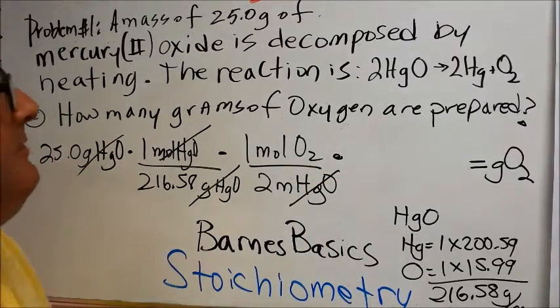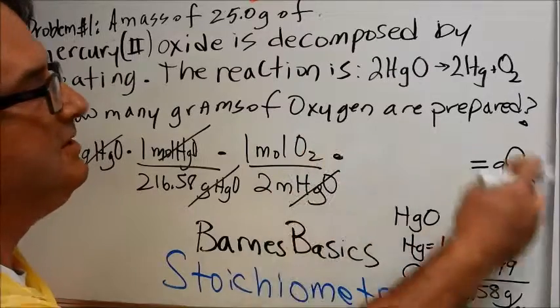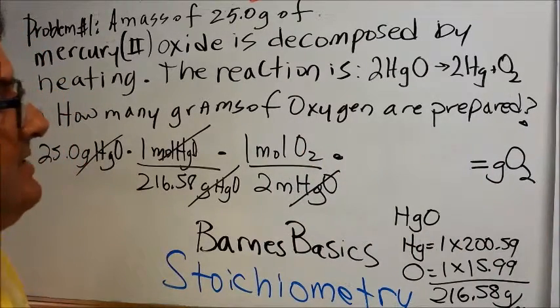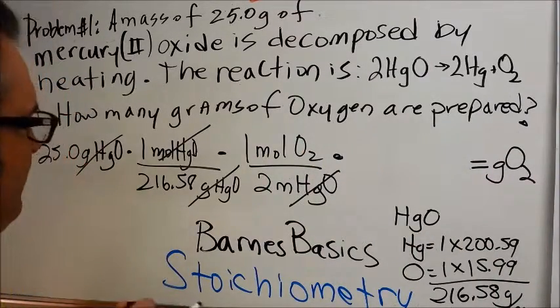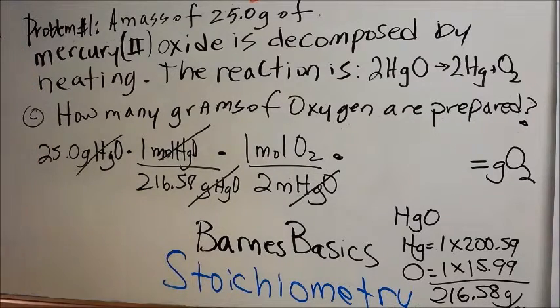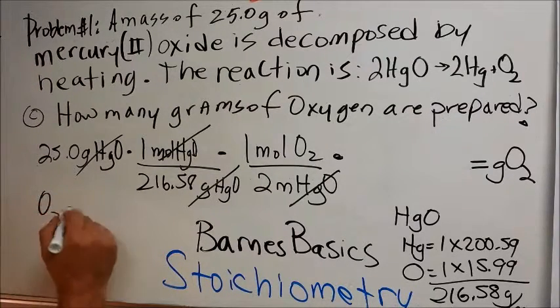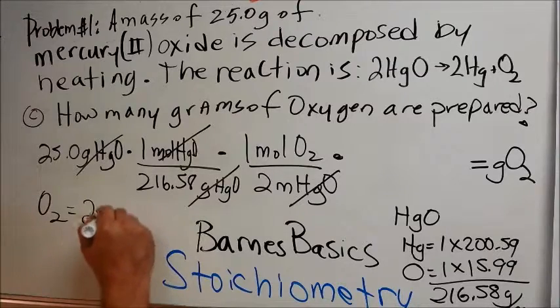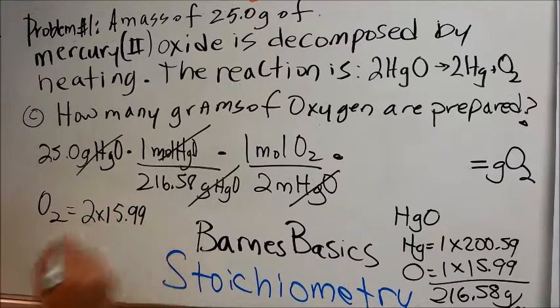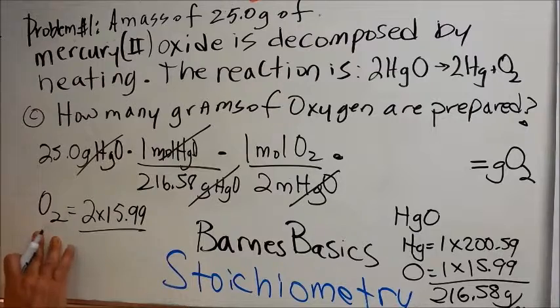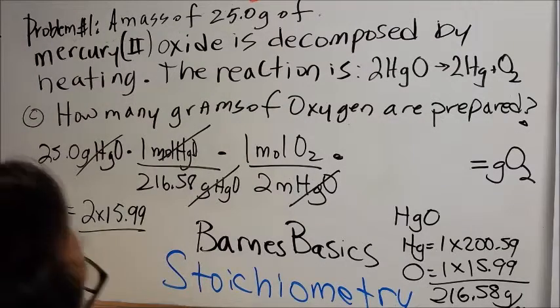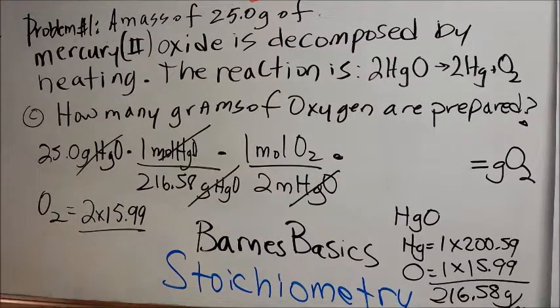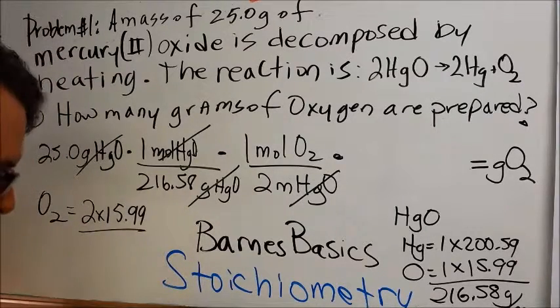Now the last thing that we have to do is go from moles of oxygen to grams of oxygen. And this is actually kind of simple. When we look at oxygen, diatomic oxygen has 2 atoms of oxygen in it. And each one weighs 15.99. So to find out how much 1 mole of oxygen O2 diatomic weighs, we would just multiply 2 times 15.99. I got the 15.99 off of the periodic chart.